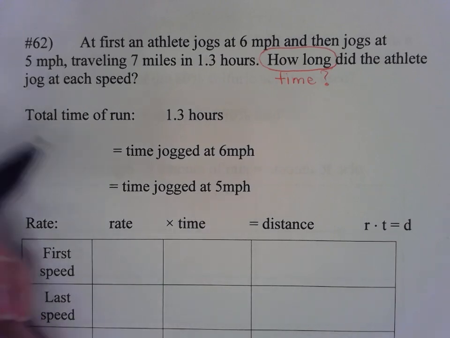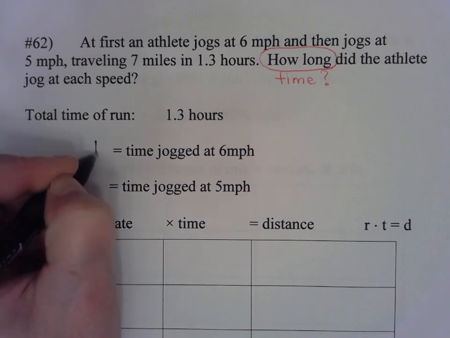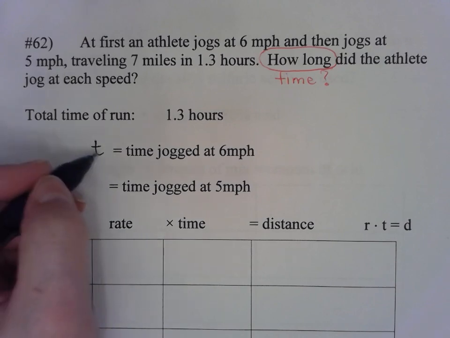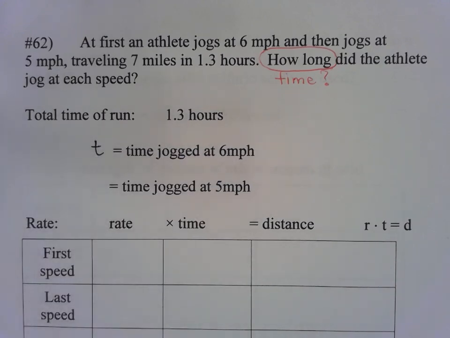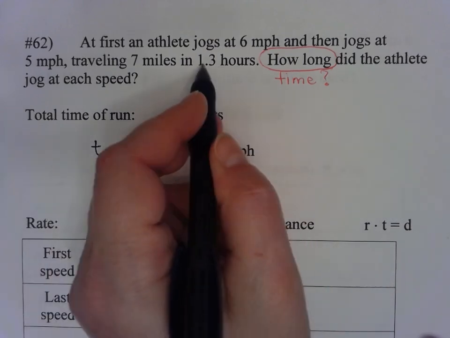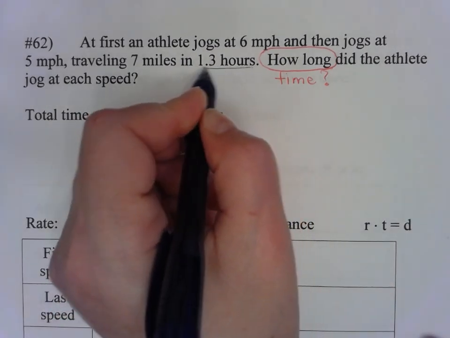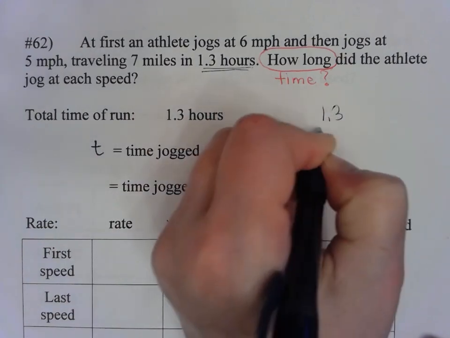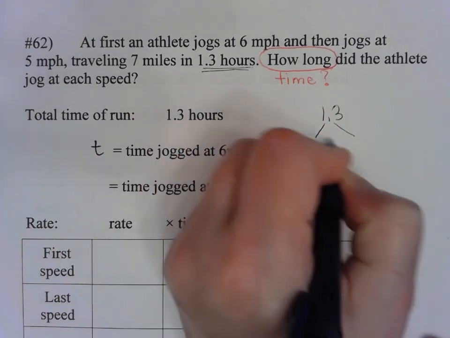We're going to use one as our variable. This time I'm going to use t since we're talking about time. So t will represent the time jogged at 6 miles an hour. We're using that same idea where we're taking the total time, which is this 1.3 hours, and we're breaking it up into 2 parts.